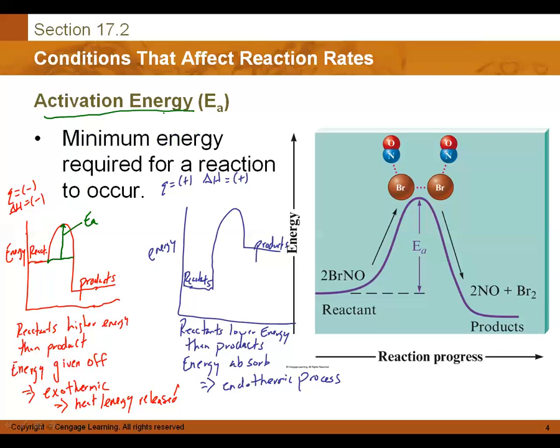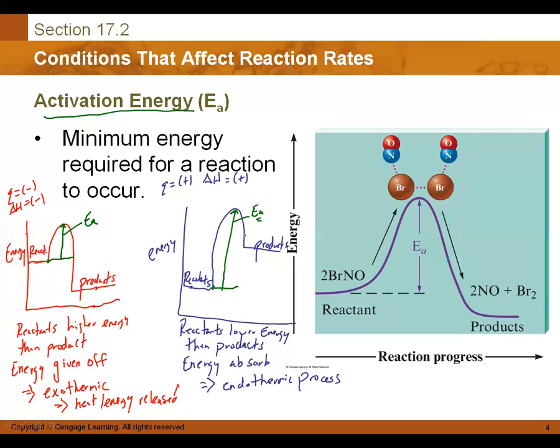And if we look at our endothermic one over here, this would be our activation energy. And we can see that the bigger activation energy occurs on the right, which is our endothermic reaction. That makes sense.